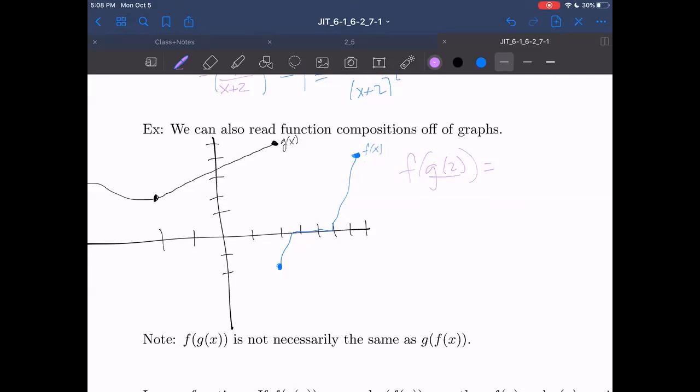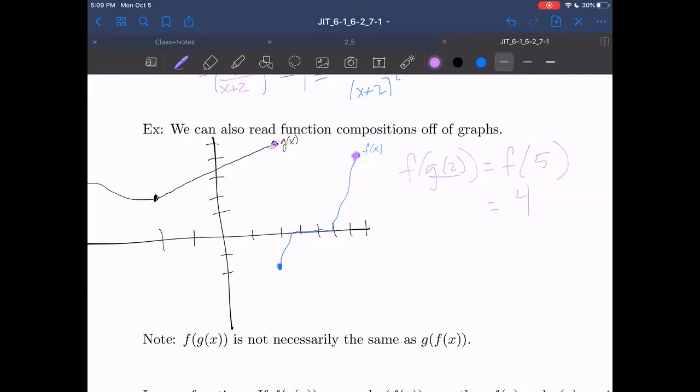G of x when x is 2 is equal to 5. Okay, so we have f of 5. So when x is 5, f of 5 is equal to 4.